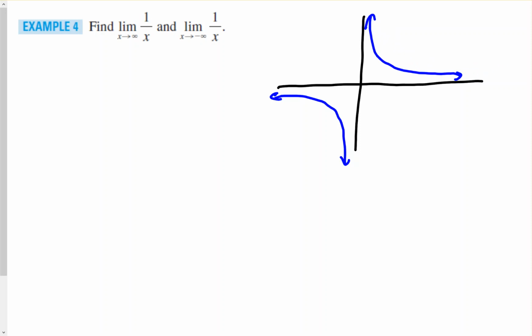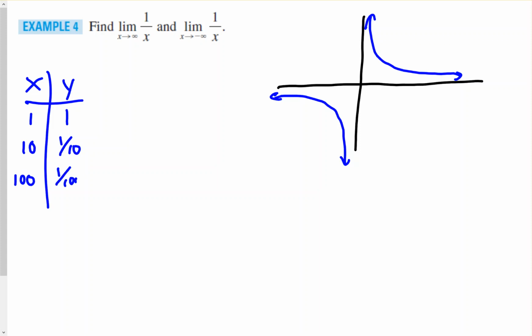You could also look at this in terms of a table of values. When x is 1, we get 1, but when x is 10, we get 1/10. When x is 100, we have 1 over 100. So it looks like very drastically we're approaching 0.